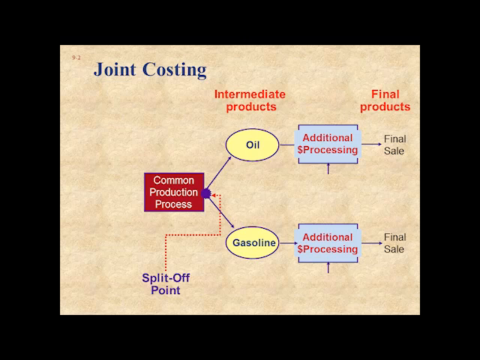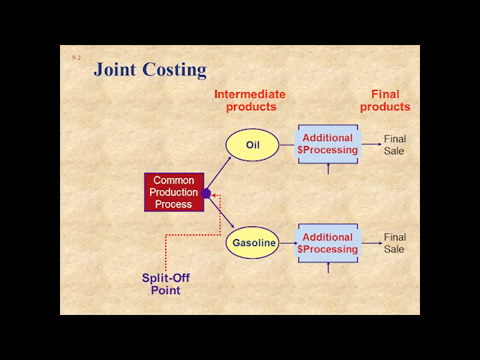In this next slide, you're seeing the common production process, which is where the joint costs are incurred, and we have a split-off point. And we see oil and gasoline emerging, but we also see that these are intermediate products. That means that they are not sold at the split point, but require additional processing.